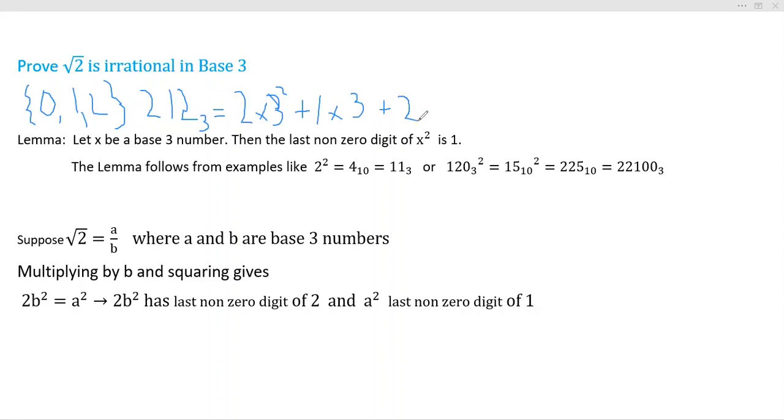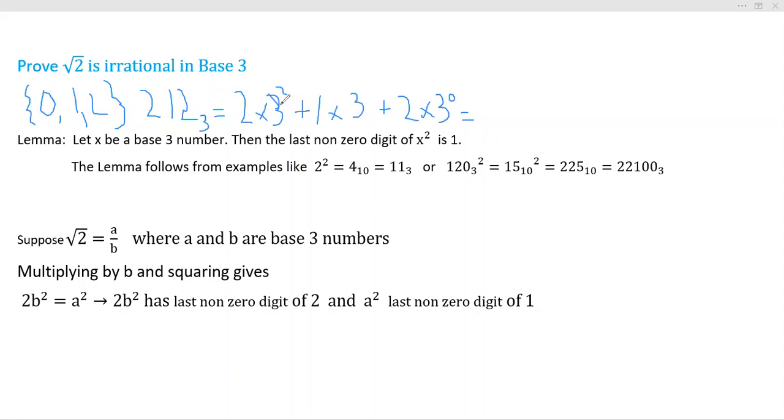A lot of people just put 2, but in keeping with the base, I'll call it 2 times 3 to the 0, 3 to the 0 being equal to 1.